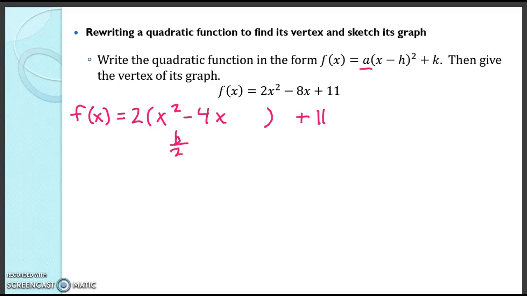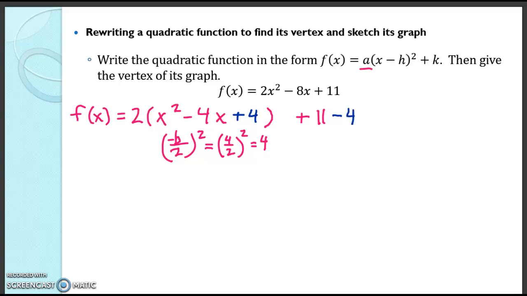We can multiply by a, but it's just 1. And then square that to get what we're going to add right after the 4x. So that's going to be 4 divided by 2, which is 2, and then square that 2. So that's going to become 4. So I need to add 4 to the end there, which means I need to subtract 4 over here.